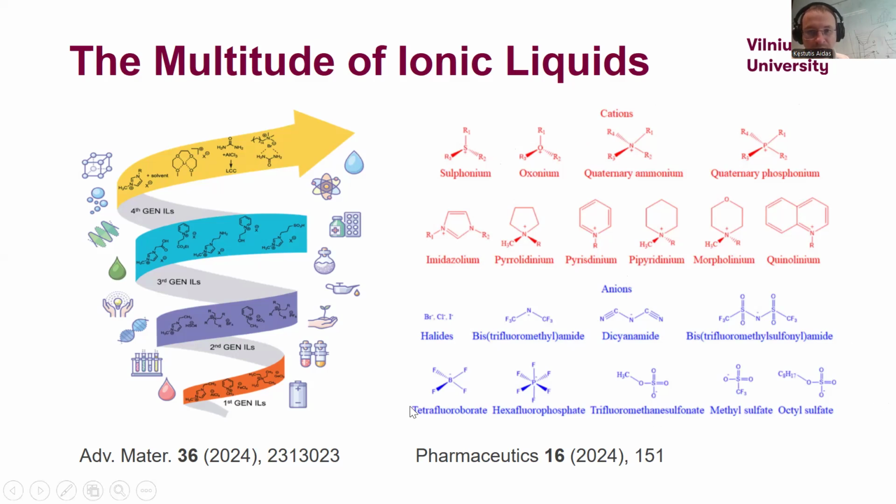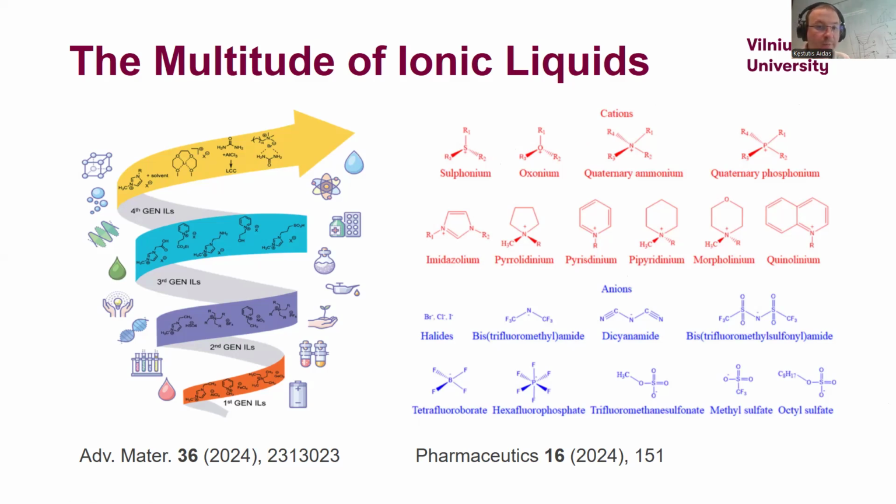Here on the right, you can see just a little part of different cations and different anions that can be combined into ionic liquids. In principle, there are myriads of different ionic liquids that can be synthesized.